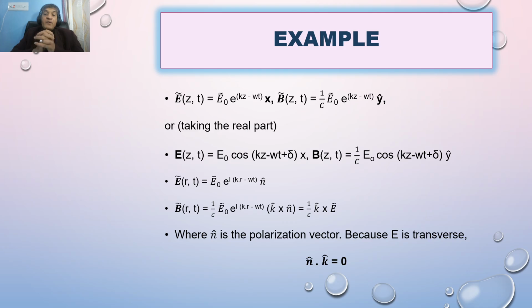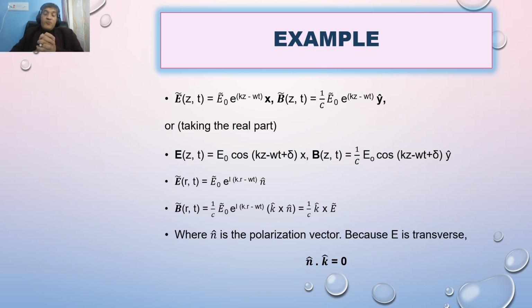But keep in mind, this same phase relationship is only for free space. In the case of a conductor, there is a phase difference between the electric field and magnetic field of the order of 45 degrees. So in free space delta is 0, but in a conductor they possess a phase difference.